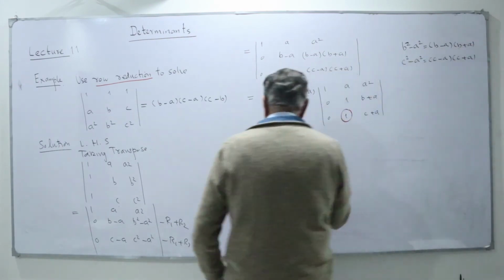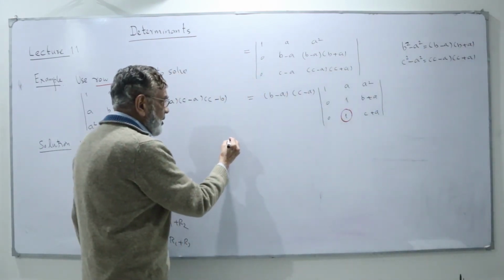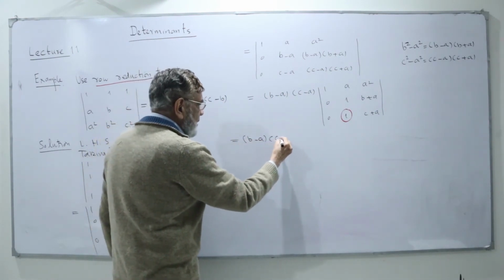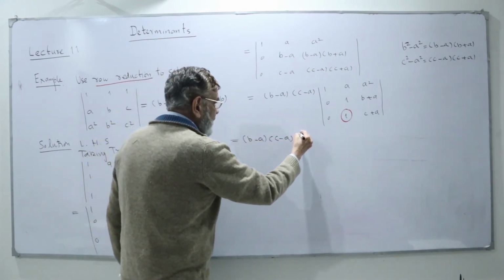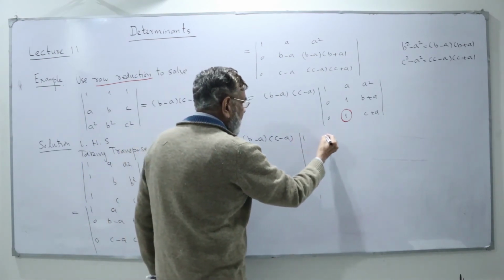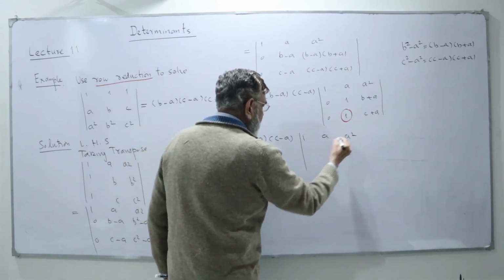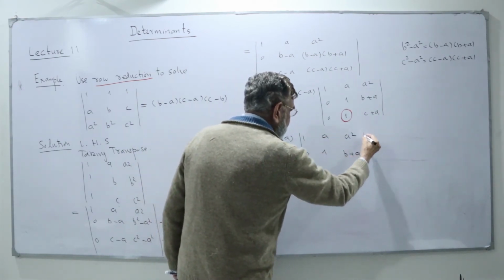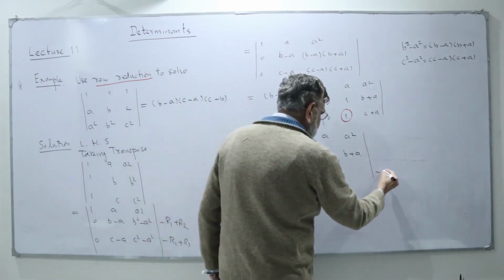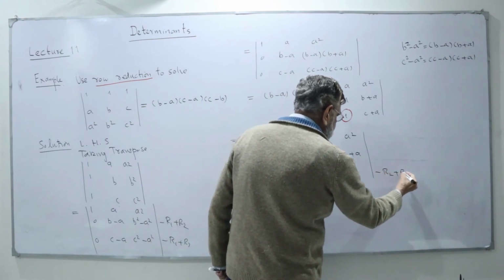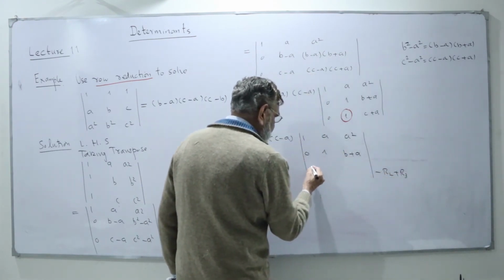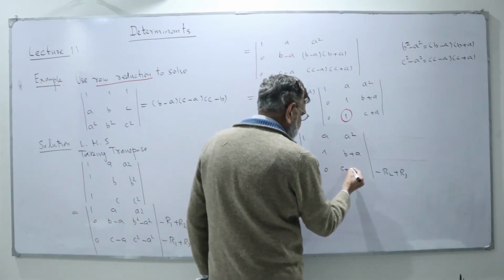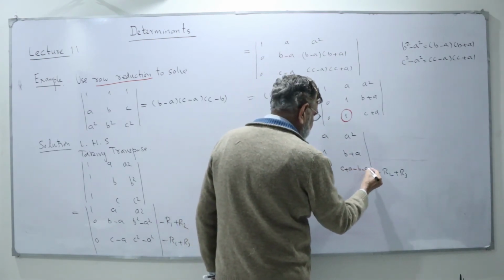This result is equal to B minus A, C minus A, and then 1, A, A square; 0, 1, B plus A; and minus R2 plus R3. So I get 0, 0, C plus A minus B minus A.